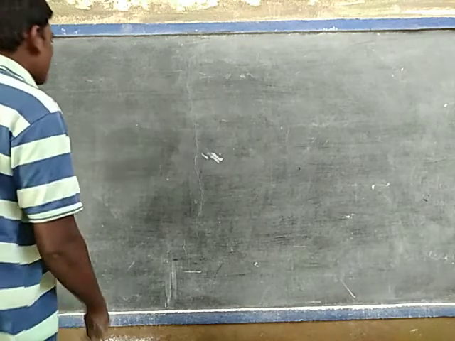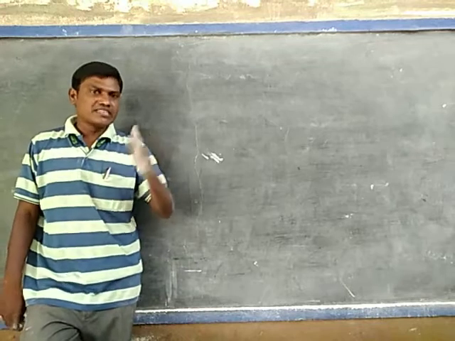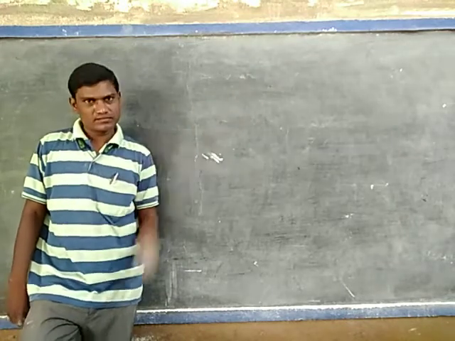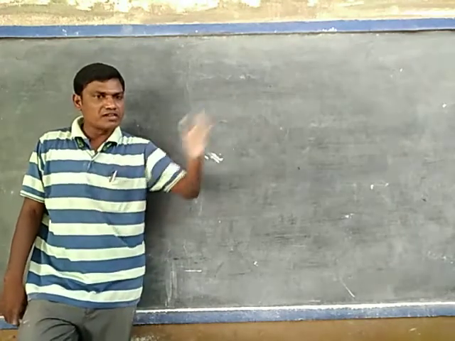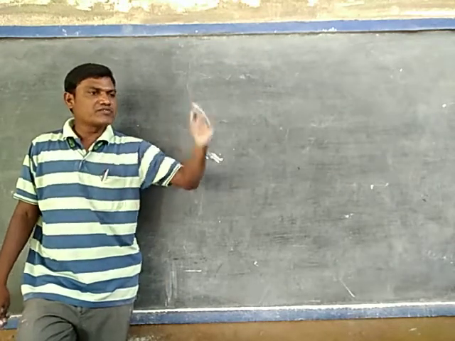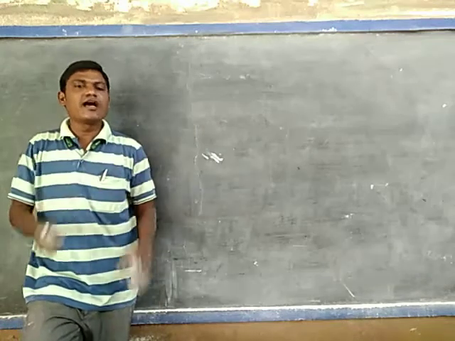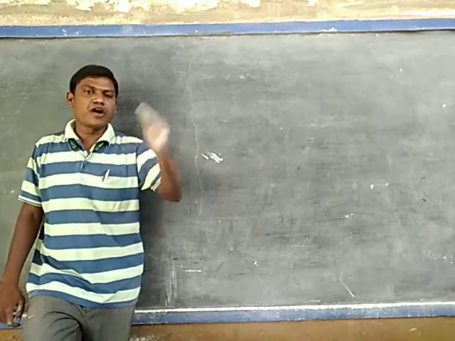What are examples of uniform speed? A train moving with 70 kilometers per hour. A car moving with 90 kilometers per hour. A bus moving with 50 kilometers per hour for the entire journey. These are examples of uniform speed.